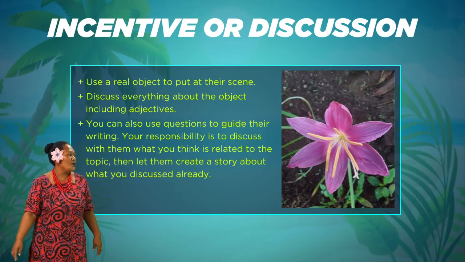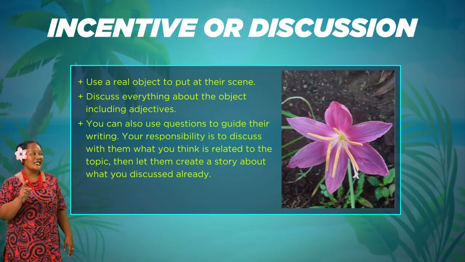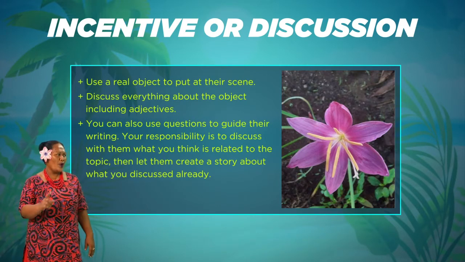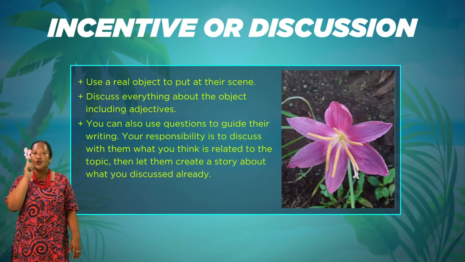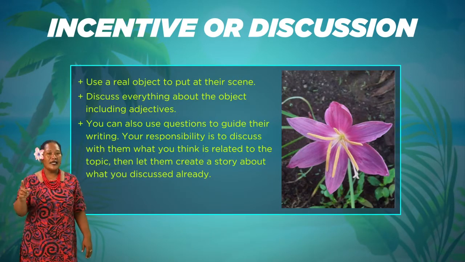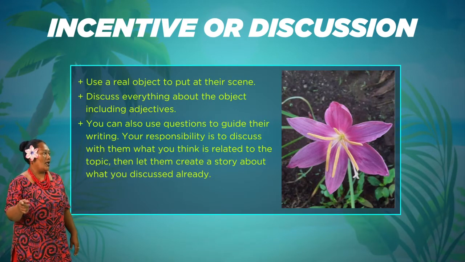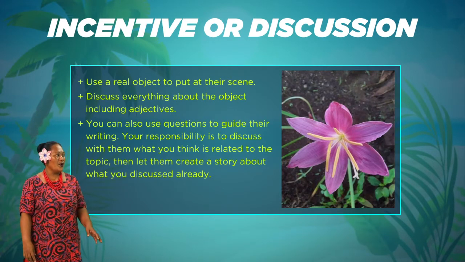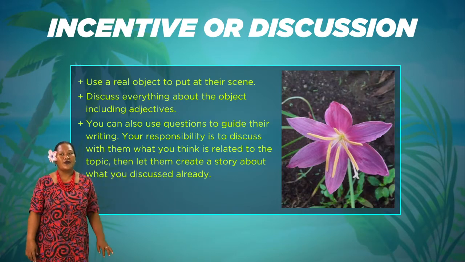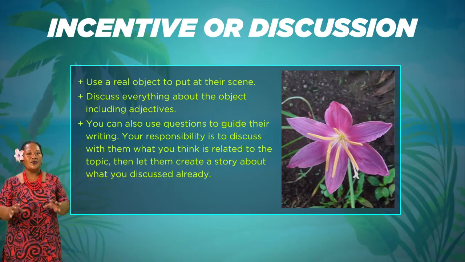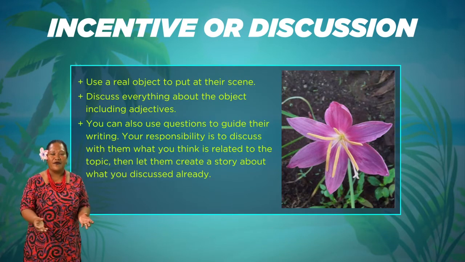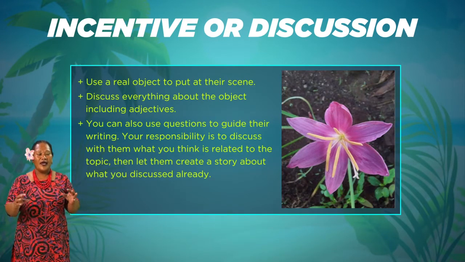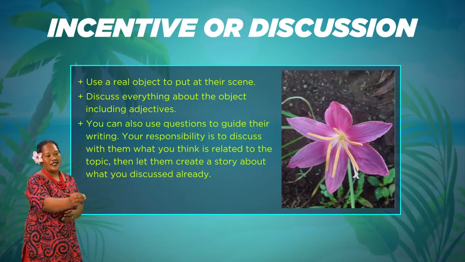Your responsibility as a teacher is to discuss with them what you think is related to your topic. Then let them create a story of what you already discussed. Example, put a flower in front of your class, then let them explain what type of flower it is, and every question you think can relate to the type of flower.